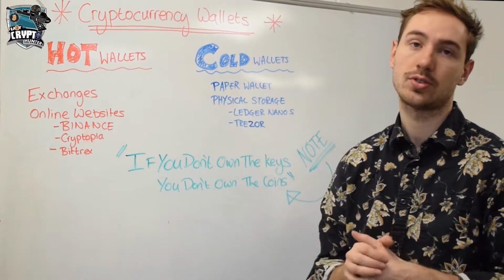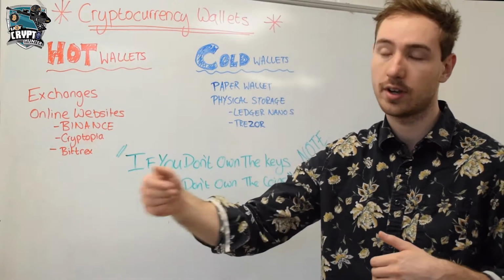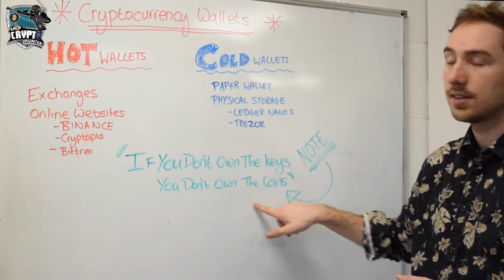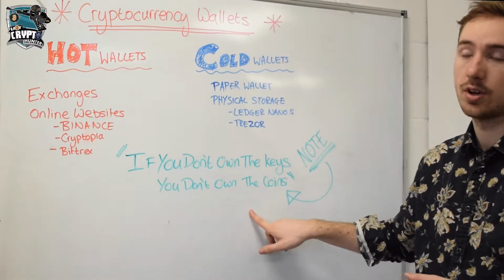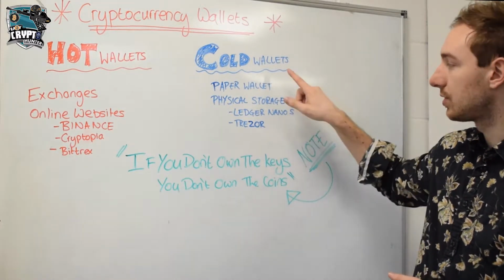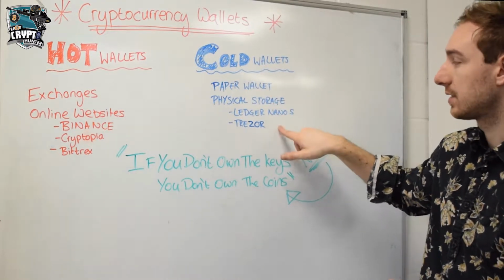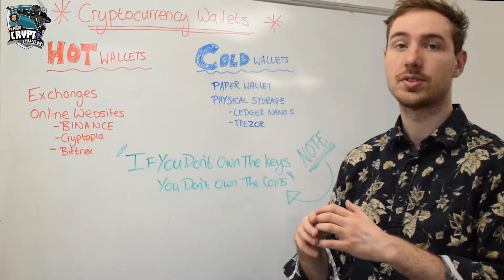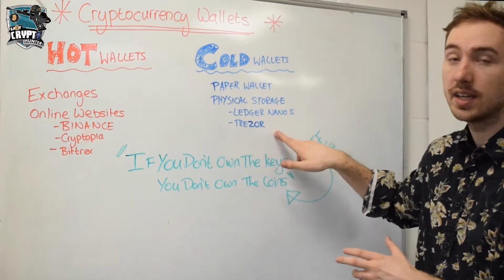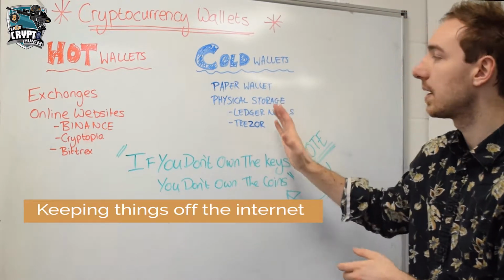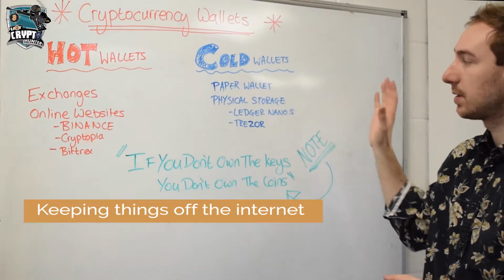Your coins are not stored on anyone's computer server or website, and you automatically are able to get the keys for those addresses. So even if you were to lose the physical devices at least, you're able to use those keys or the restore mechanisms within these to get those keys back. It's a little bit like keeping things off the internet and keeping them safe.